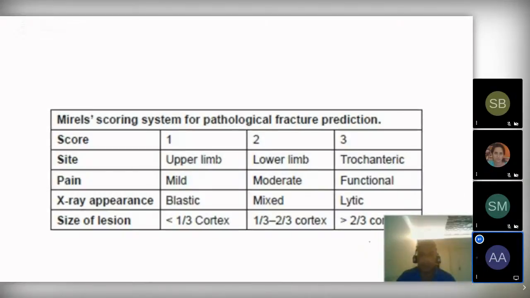If the involvement of the cortex is only 1/3, the chance of fracture is less. So the take-home message is, please remember, Merrill's criteria is for predicting pathological fracture in metastasis.